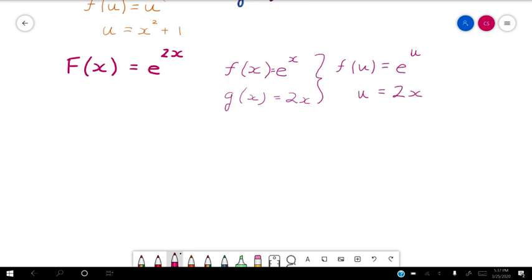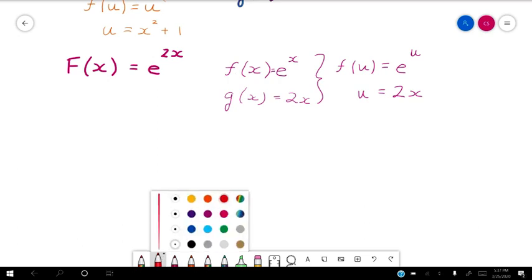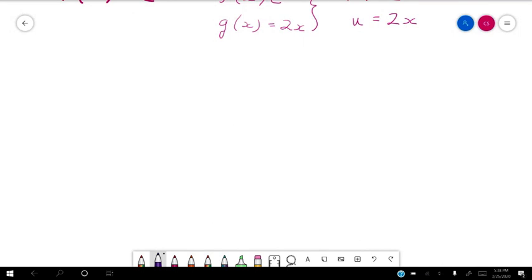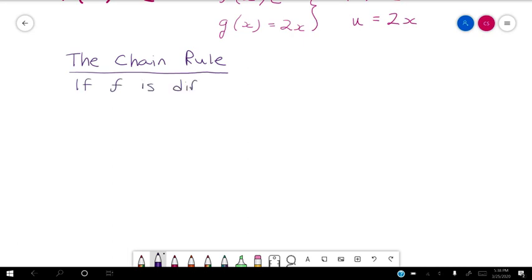So how are we going to take the derivative of these types of functions? Well, we take the derivative using something called the chain rule. So let's explore that. The chain rule we use to find the derivative of a composition of functions. So if f is differentiable at x, oops, I already made a mistake.